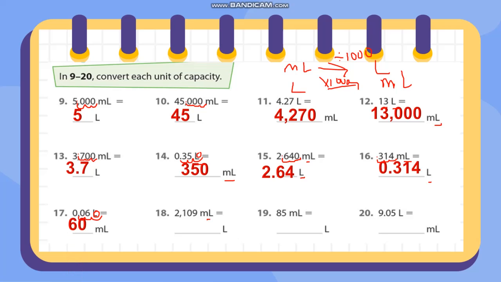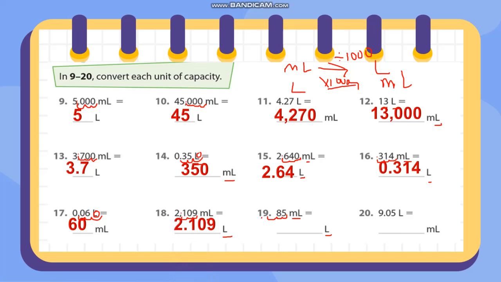Next, milliliter to liter, so that is divided by 1,000, so 1, 2, and 3, so the decimal is in between 2 and 1, so the final answer is 2.109. And the same thing, milliliter to liter is divided by 1,000, so 1, 2, and 3.